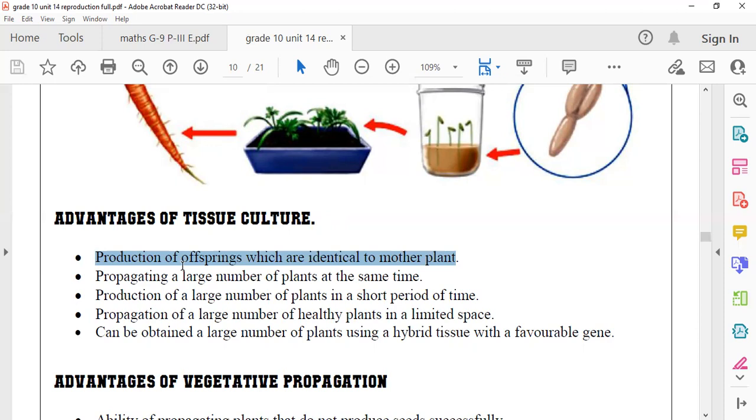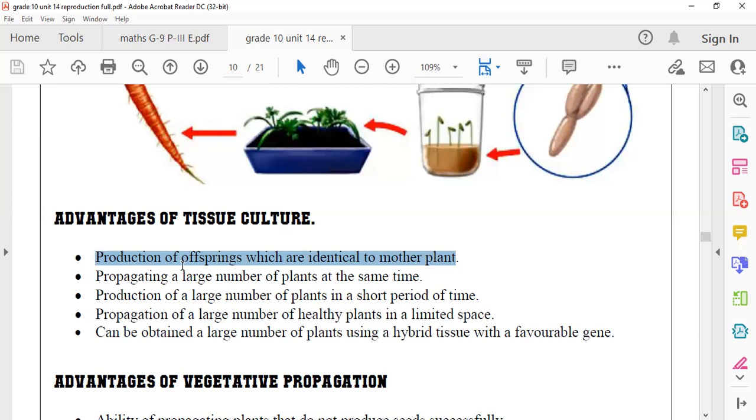And the time taken to make them is also relatively short. Production of a large number of plants in a short period of time. Propagation of a large number of healthy plants under very sterilized conditions, in a small space. A tissue culture lab will not be very big.